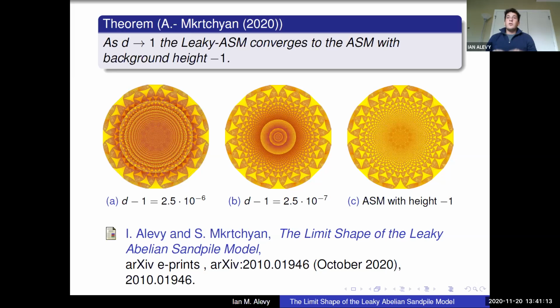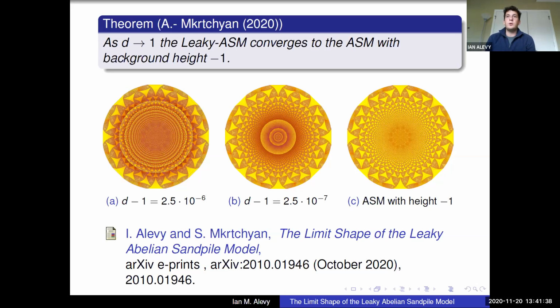All right, so now I want to connect our model to the classical ASM, or the standard ASM, that has been studied in the past by many people. Unfortunately, I didn't have time to discuss all of the previous work on the ASM, but there are lots of names, people like Deepak Dar and Bach and many other people.